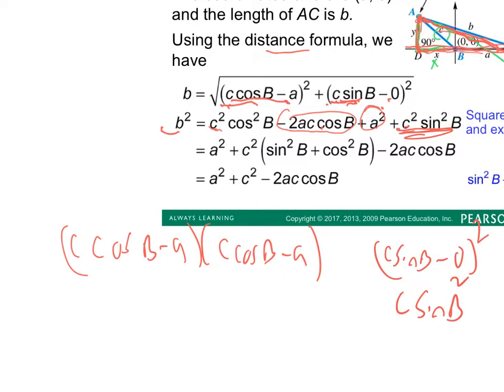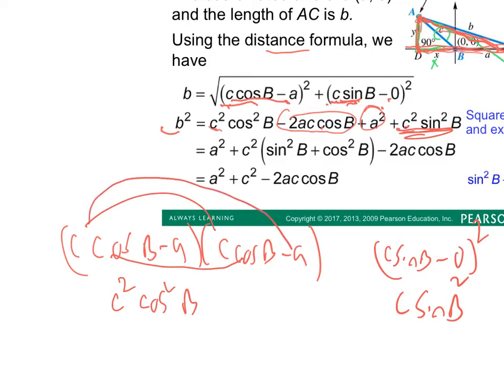Now this other stuff came from c times c is c squared, cosine of B times cosine of B is cosine squared B, so you got c squared cosine squared B. Then you've got c cosine of B times the a with a negative, then another c cosine of B times an a with a negative.